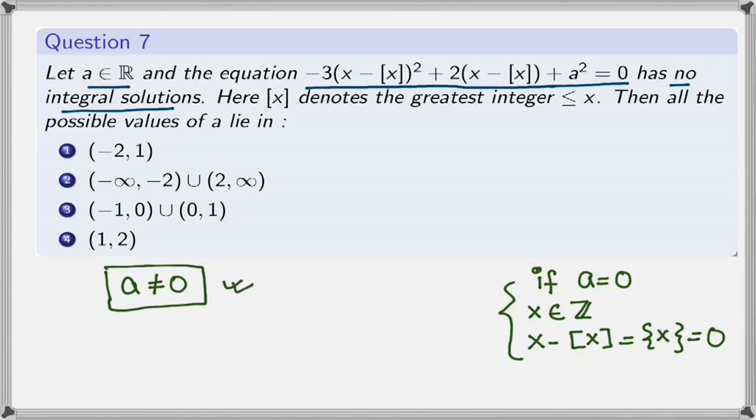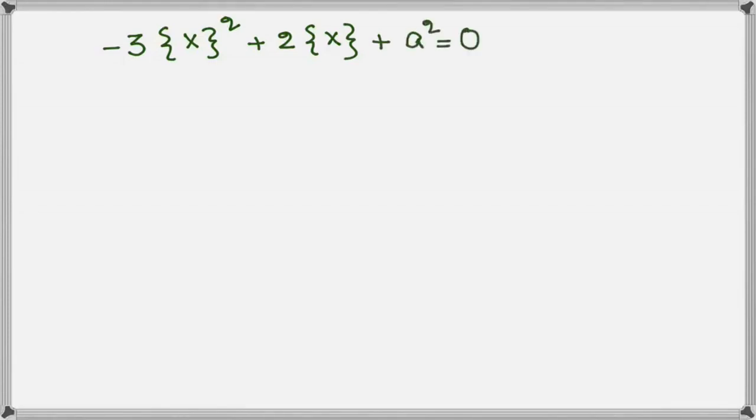Now we substitute x minus integral part of x is equal to fractional part of x in the given equation, and then we obtain minus 3 into fractional part of x whole square plus 2 into fractional part of x plus a square is equal to 0. So we are getting a quadratic equation in fractional part of x.